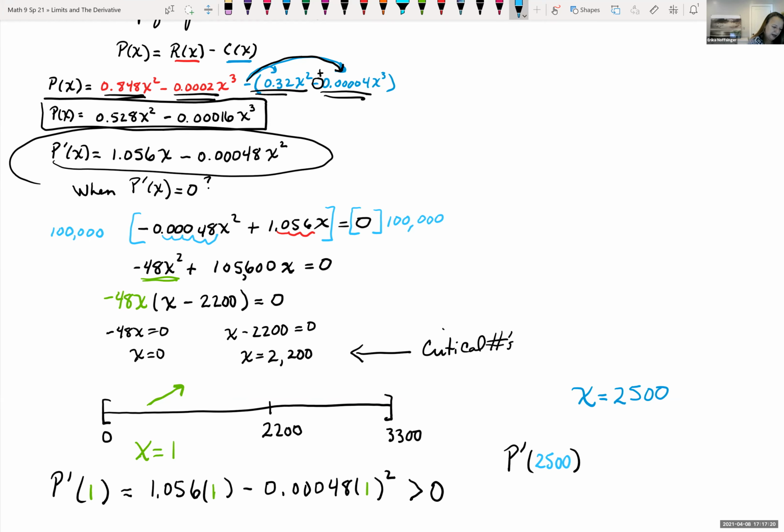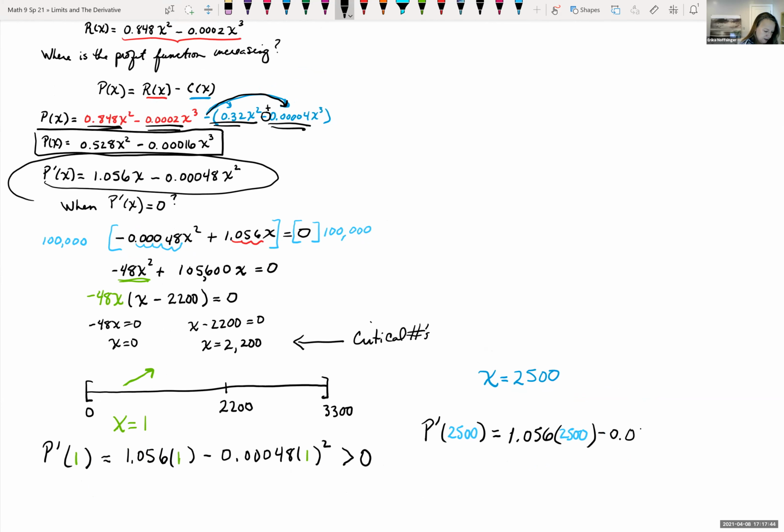So we want to go in and plug in 2,500 wherever we see an x in our derivative function. So we have 1.056 all times 2,500 minus the 0.00048 all times 2,500, and that quantity is squared.